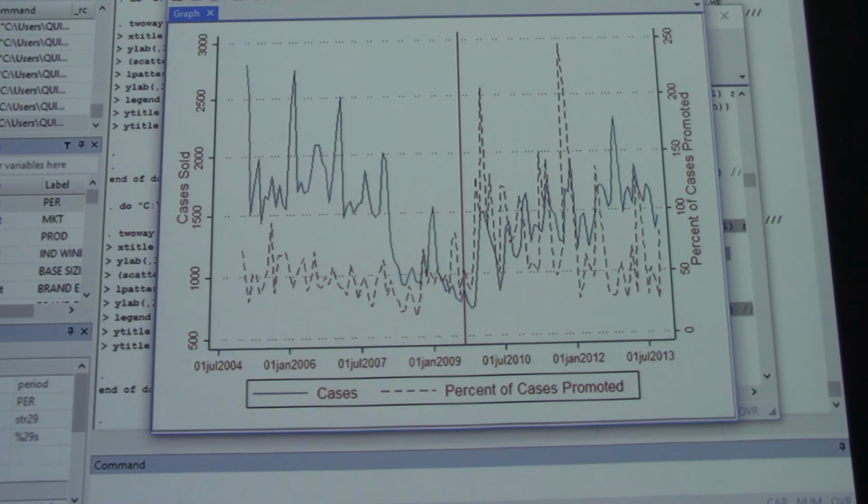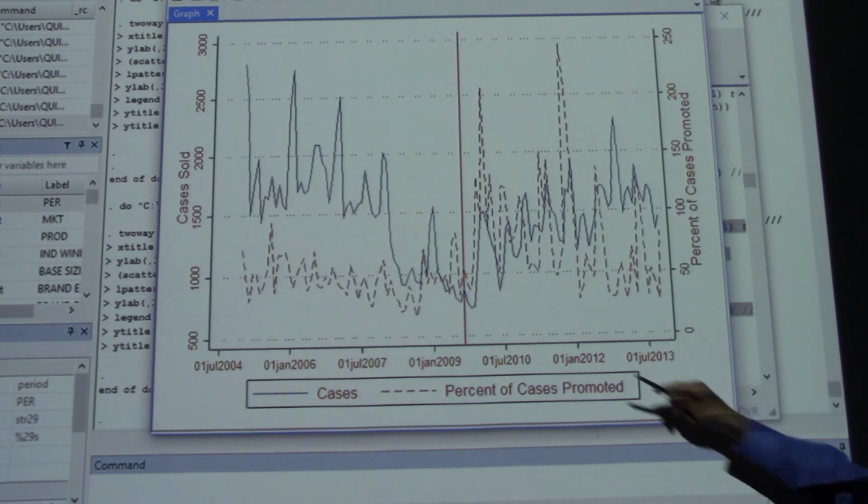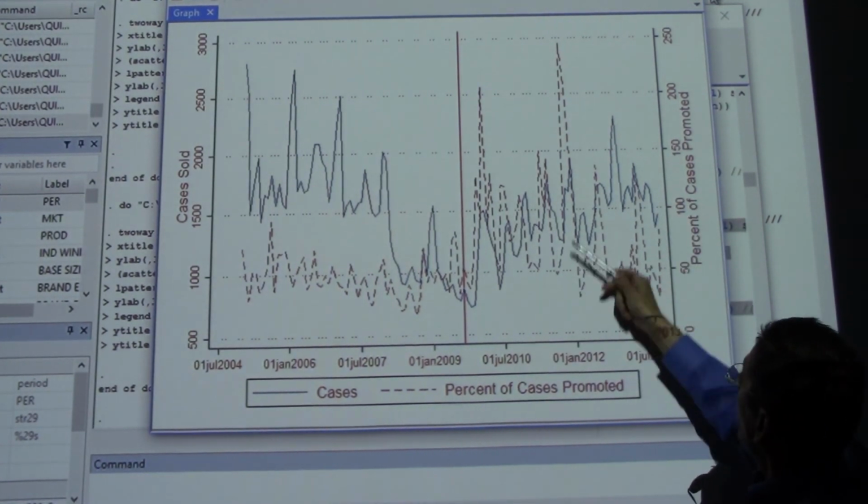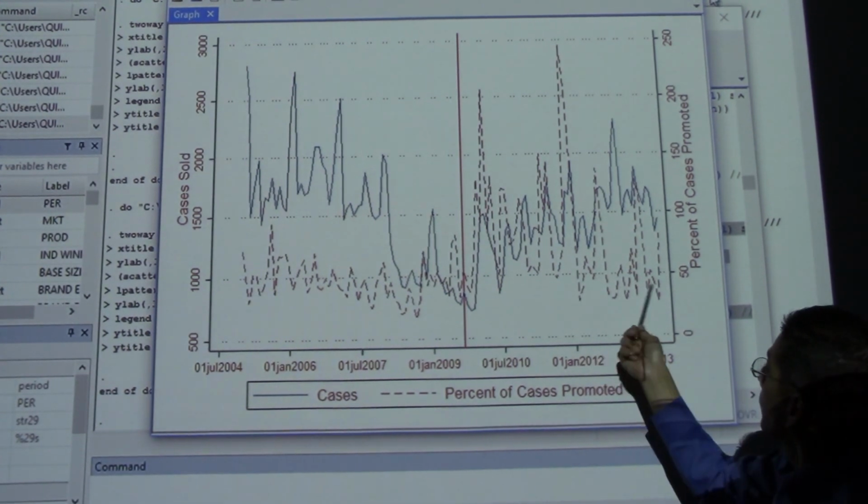As they hired that social media manager and undertook a whole lot of other changes, pricing, promotion, you could see promotion start to increase a bit here. But again, the variance is all over the place, and they start to slow it down here.